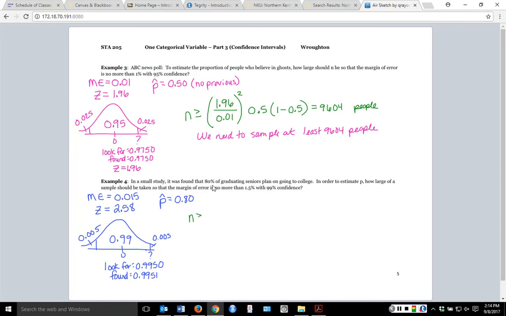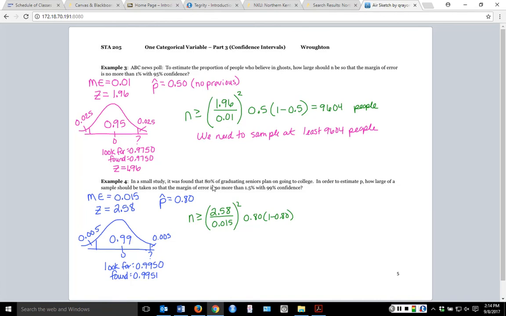So my sample size will need to be at least as big as my z, which is 2.58, over my margin of error, which is 0.015, all squared, times p hat, times 1 minus p hat.